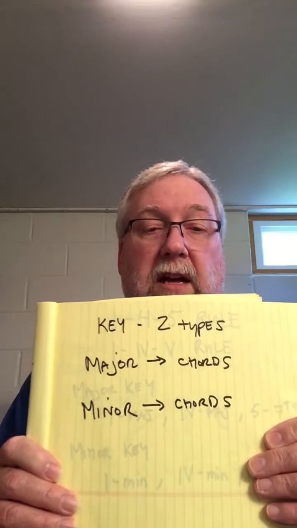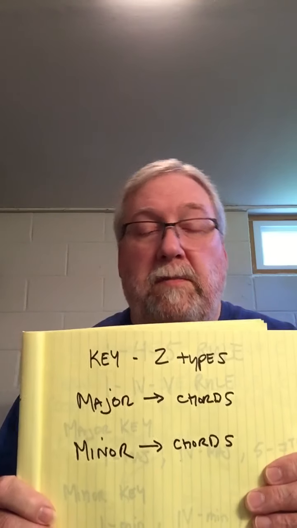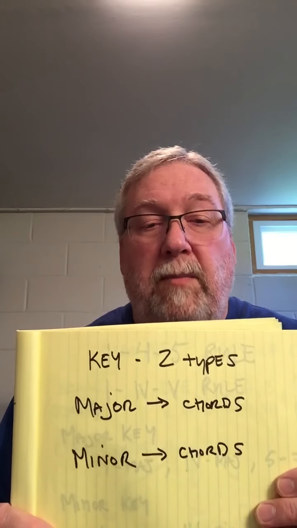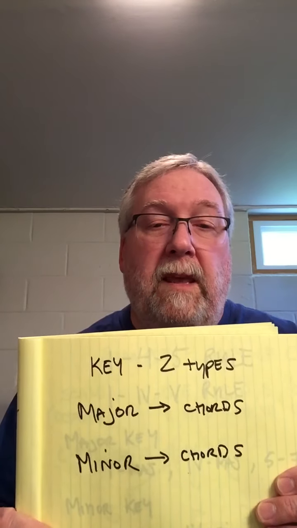So there are chords associated with each of those musical keys. There are 2 types of chords I'm going to talk about in this particular lesson. They are major chords and minor chords. And the reason why I talk about these 2 types of chords, actually there's a third one coming up that I'll explain in just a minute, is that most popular music is written in this way.